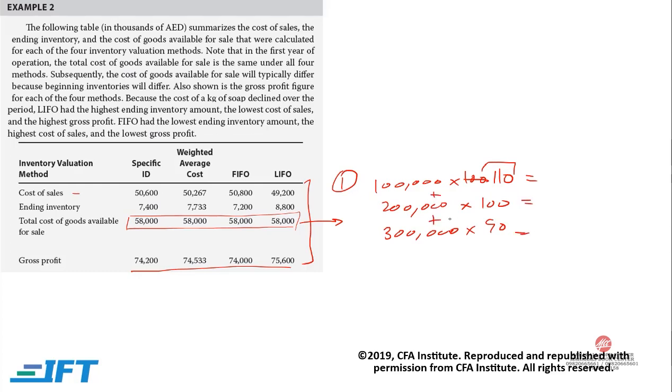So if we add them all up, 100,000 multiplied by 110, we have 11 million. 200,000 multiplied by 100, we have 20 million. 300,000 multiplied by 90, we have 27 million. If we add all of them up, we have 58 million.